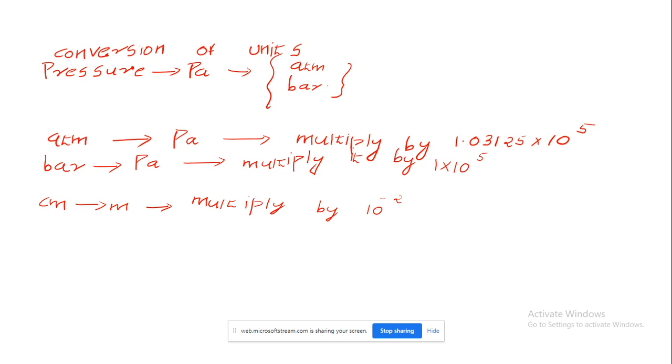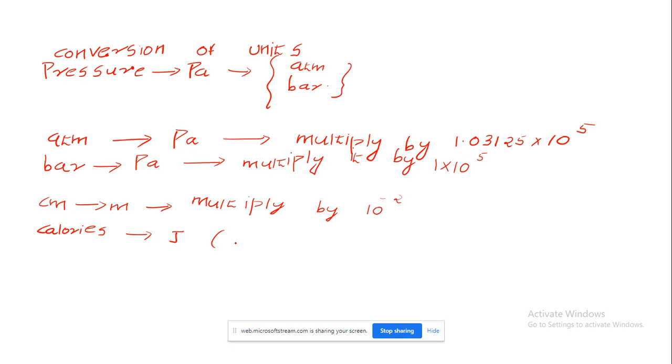Now you have something called calories, for energy. What is the SI unit for calories? It's joules.